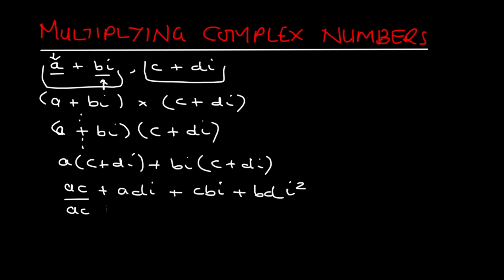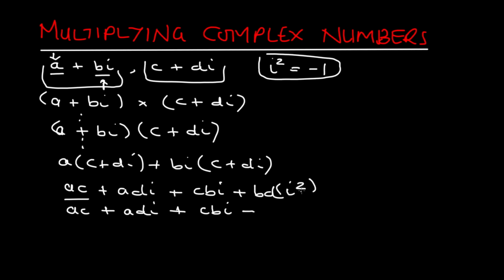We'll keep it there. Nothing changes here. I'm targeting this because I know that this is something I can do here. Then I come here. Here, I can see already that this will maintain the structure. But this one, we said i squared. That's why I said we need to know how to work around this. We said i squared gives us minus 1. If you don't know how this comes about, please check the previous video.